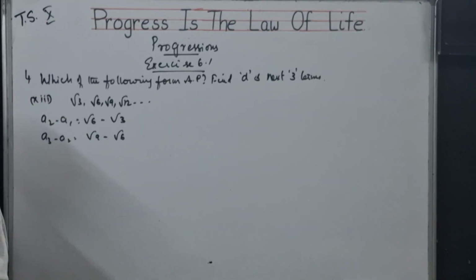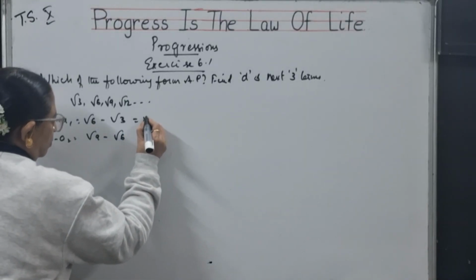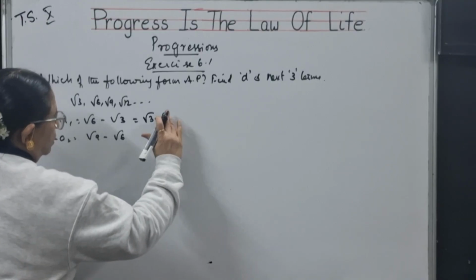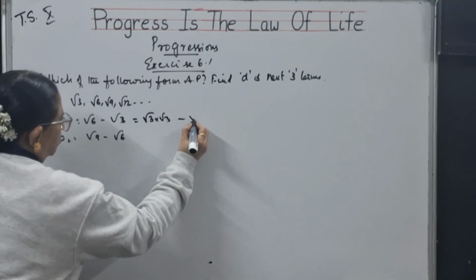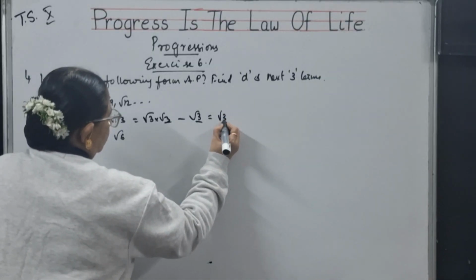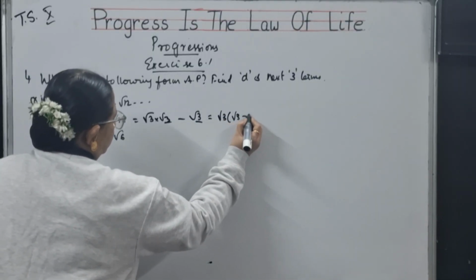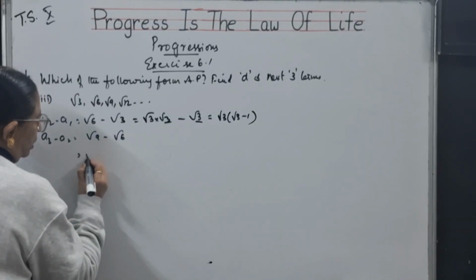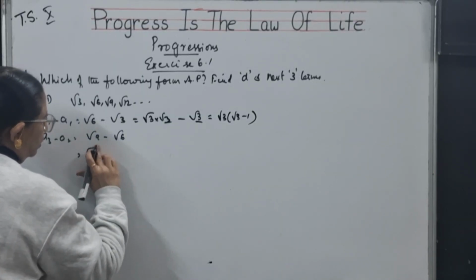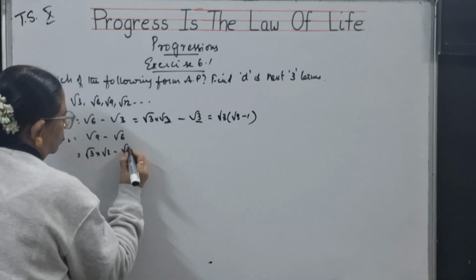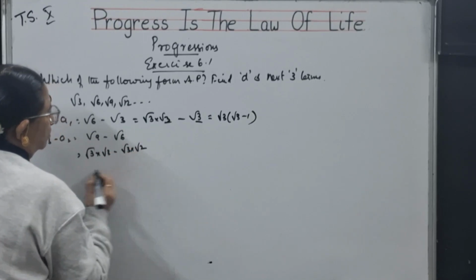Even if you write this also, root 6 means root 3 into root 3 minus root 3. In this, if you take root 3 as common, root 3 into root 3 minus 1 you will be getting. Here also, root 9 can be written as root 3 into root 3, minus root 6 is root 3 into root 2.